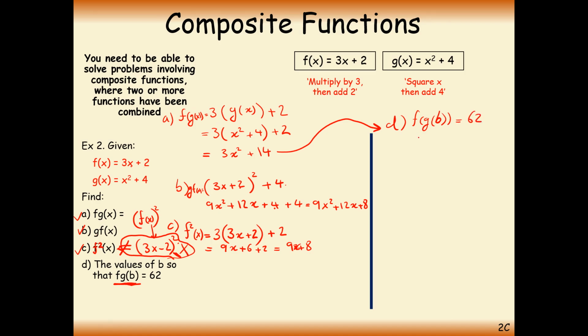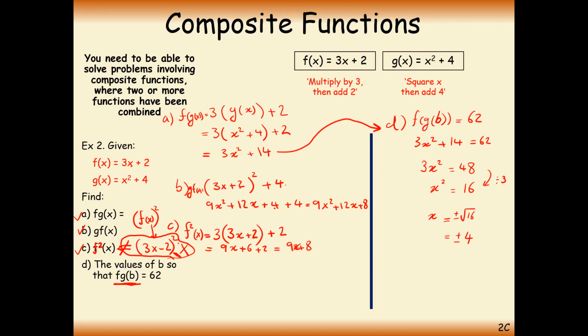That means 3b squared plus 14 has to equal 62. We subtract 14 from 62, and we'll have 48. So 3b squared equals 48. Then we divide by 3, and we'll have b squared equals 16. Then we take the square root. The square root of 16 is plus or minus 4.